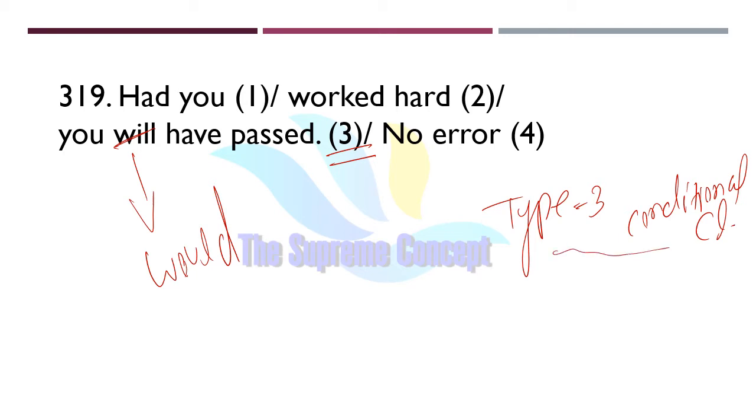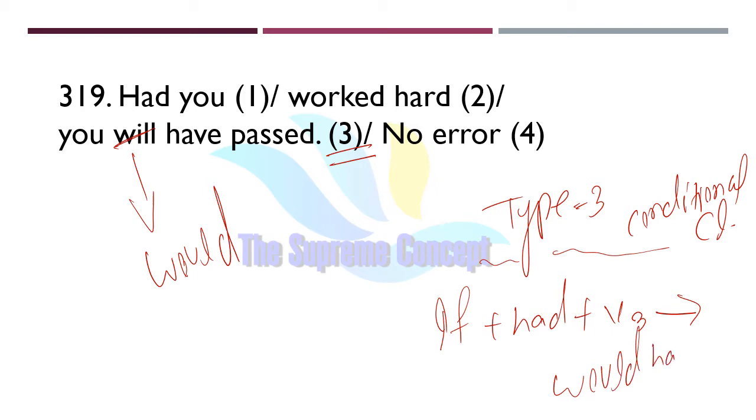As per this conditional clause, the rule to frame the sentence is that the first part contains if plus had plus v3, and the other part will contain would have plus v3. So here would is the correct answer, because this sentence follows the pattern.